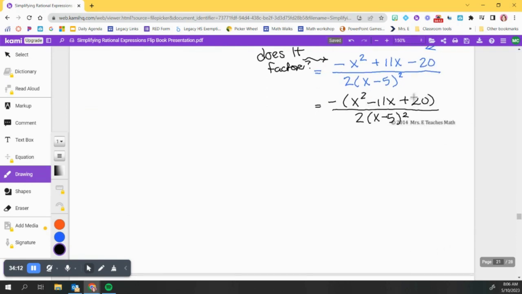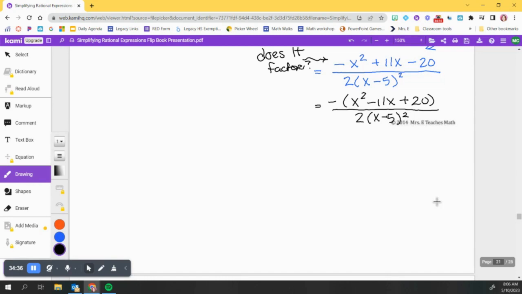So I'm looking for factors of 20 that add up to a negative 11. What times what gives me 20 that adds up to 11? 5 and 2. No. So I have 1 and 20. That's not going to work, right? I can't get 11 out of that.